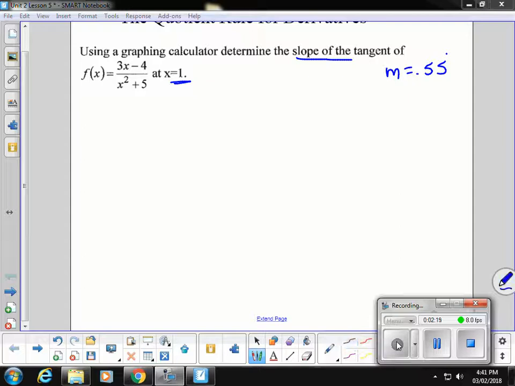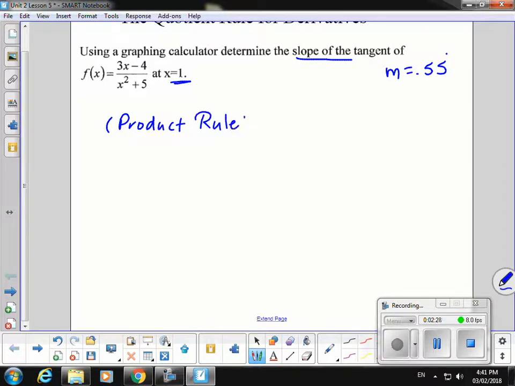We can always use the product rule to solve this thing. So let's just use what we're already familiar with to find this derivative. If I were to write the function looking like a product, I would have 3x minus 4 times x squared plus 5 to the negative 1. And I know from yesterday how to find the derivative of that.